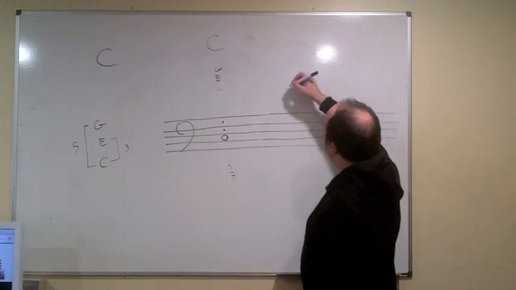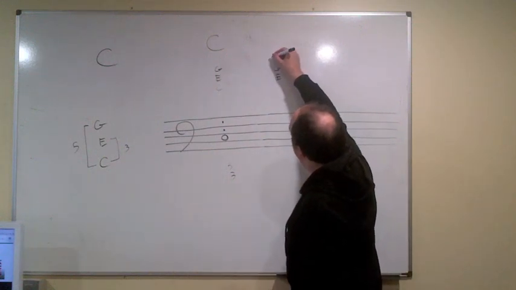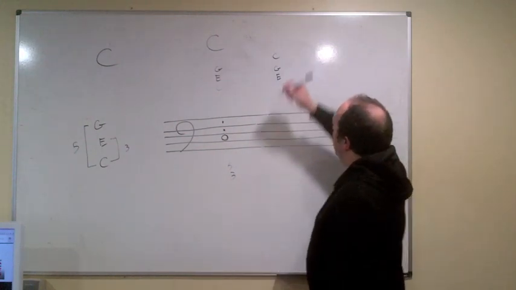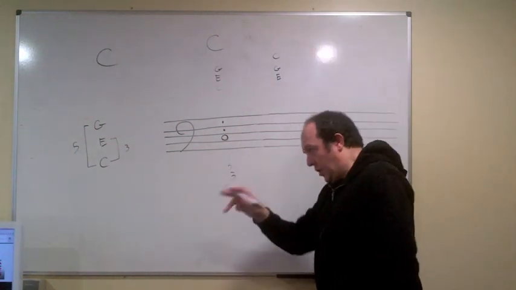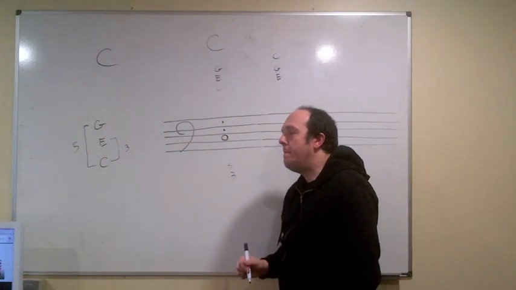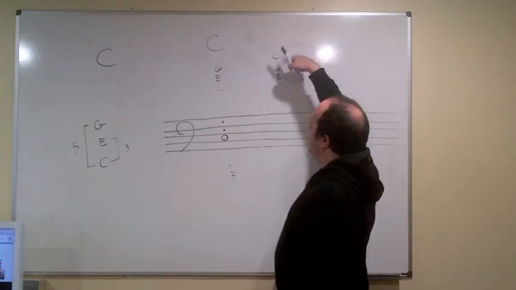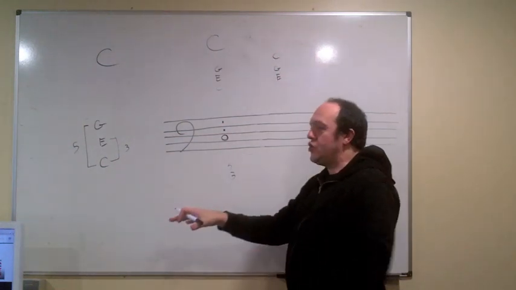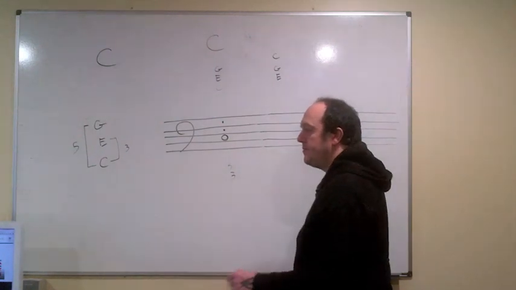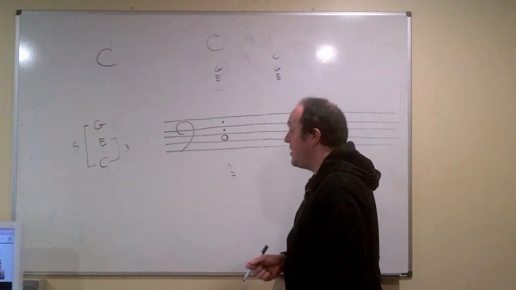Now, you give me E, G, and C. In modern chord notation, how would we write that? What chord would you see to describe a C major with an E in the bass? It's a slash chord, remember?